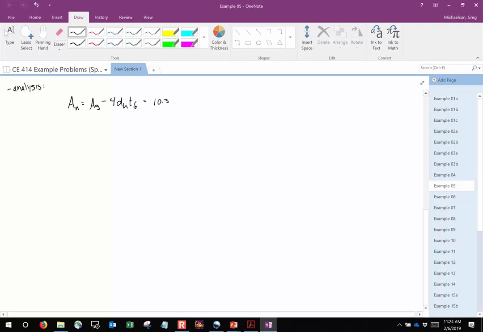So 10.3 inches minus 4, and the hole diameter, what do we do? You add an 1/8 to the bolt diameter. So I'll write 7/8 plus 1/8. And then the flange thickness is 0.520 inches. What does that net area come out to be? 8.22. Do I have a second on that?